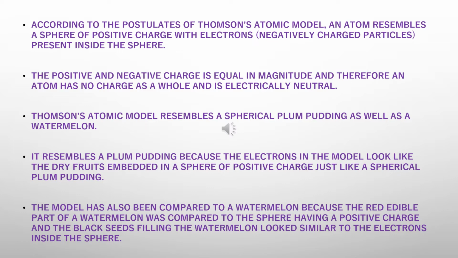Hence, many further studies were carried out, and these studies revealed that Thomson's model of an atom may not be the right model to give a structure to an atom. Rutherford gave the next model of atom based on the alpha particle scattering experiment.